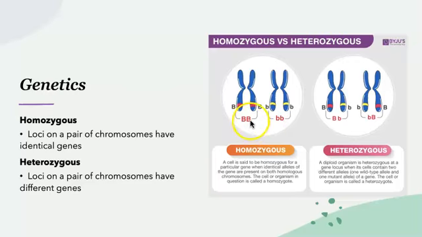If we have 2 big B's here, that means we're homozygous for definitely having brown hair, whereas over here we are homozygous for having blonde hair. Whereas if we're heterozygous, that means that we have a pair of each type. So the big B, brown hair, and little b, blonde hair. So maybe we're going to have a variation here of light brown or something like that. And same thing over here. We have both types in here.